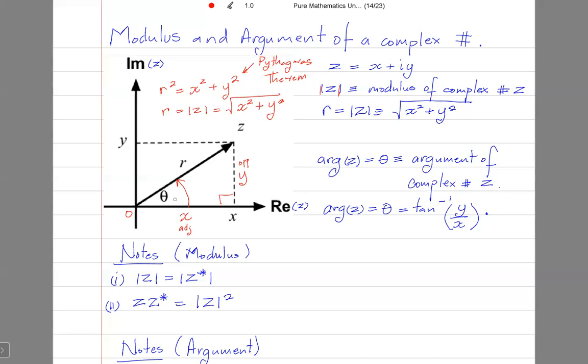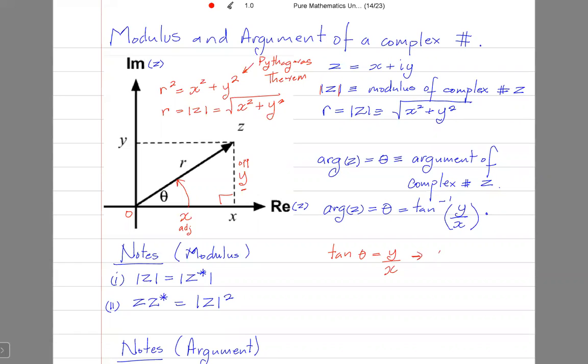This is the angle theta. Opposite to the angle theta is y. Adjacent to the angle theta is x. So the tangent of the angle theta is equal to opposite y over adjacent x.